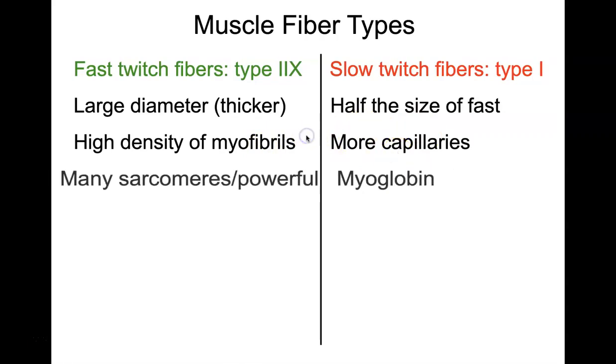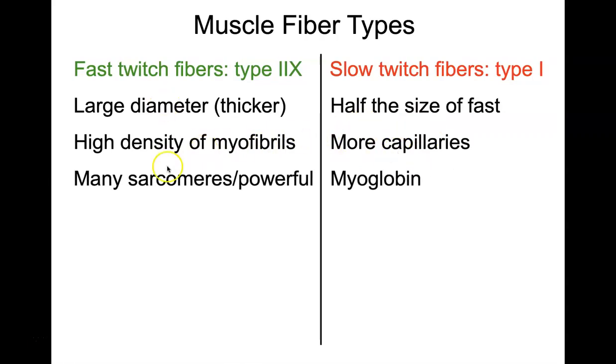These fast twitch ones are really powerful with lots of sarcomeres, whereas the slow twitch ones have myoglobin. Myoglobin is a molecule that, like hemoglobin, binds oxygen. In this case, it's binding oxygen in your muscles.